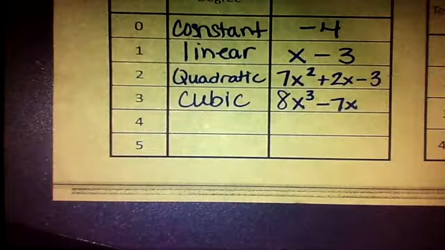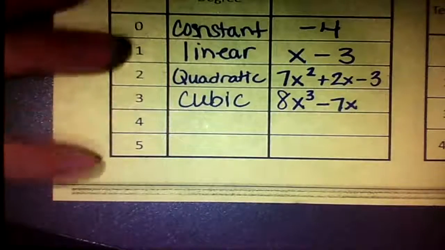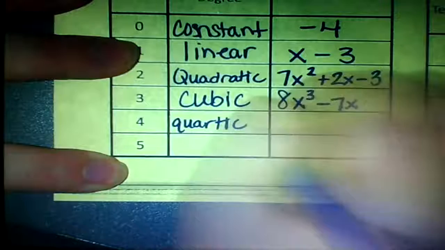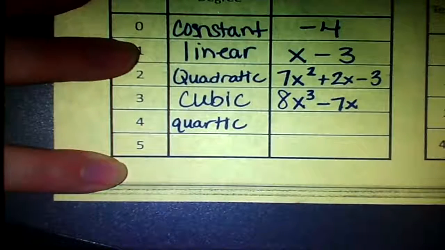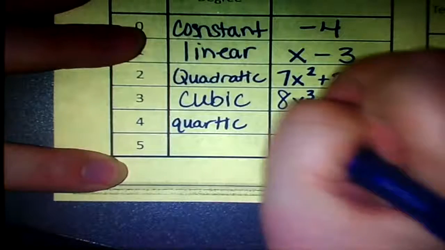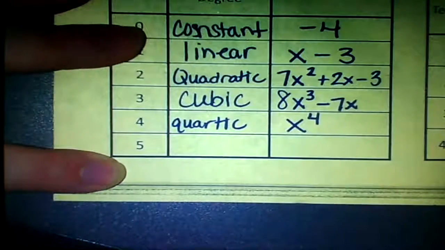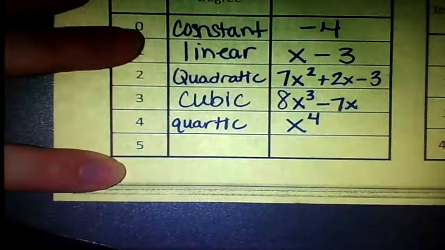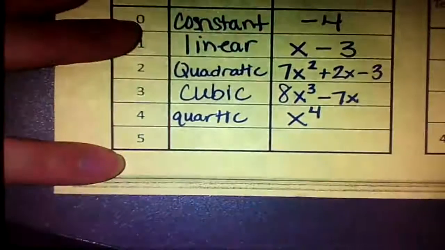Okay, a degree of 4 is called a quartic. Think quarter, 4. So this is something with x to the 4th. So we have quartic. What do you think 5 is going to be called?